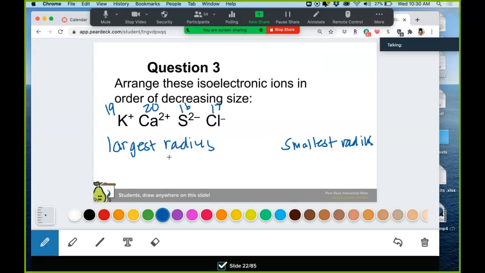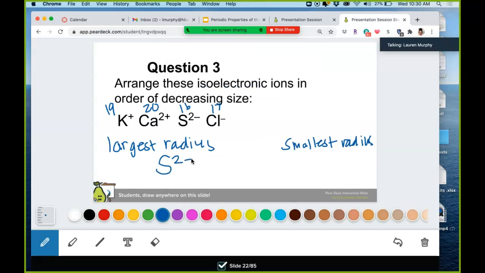No, sulfur. The sulfide ion, because they all have 3 rings of electrons now that potassium and calcium have lost their electrons. These were originally on the 4th energy level when they were neutral, but not after they lost their electrons. They lose that outer shell. So the largest radius is this sulfide ion, because it has 16 protons in its nucleus.